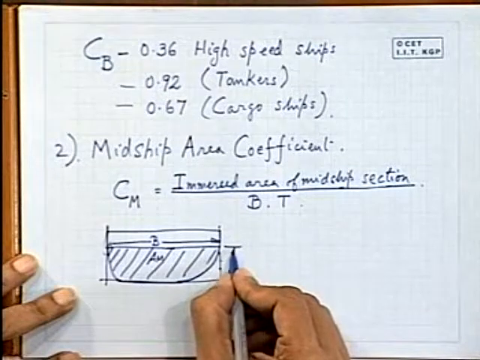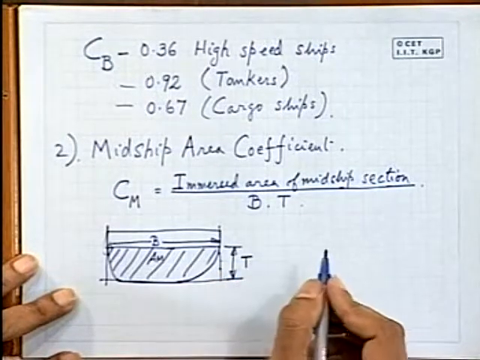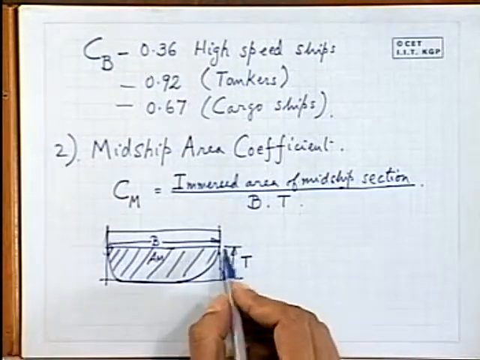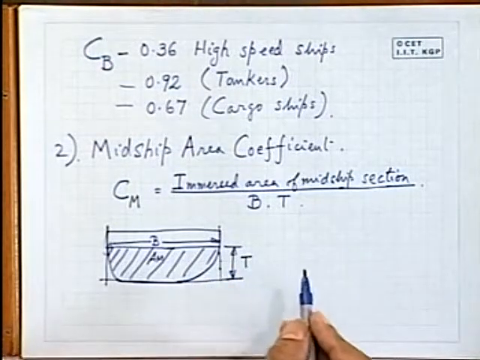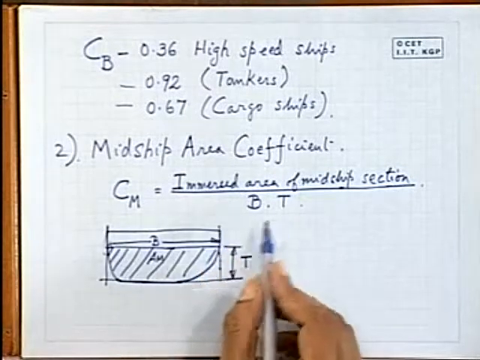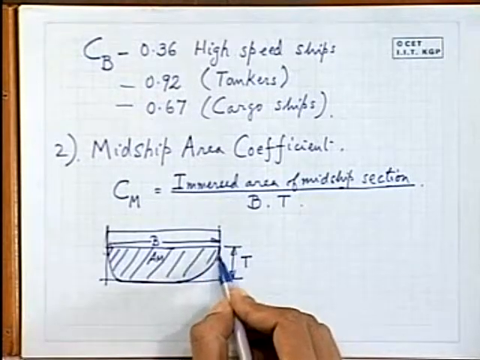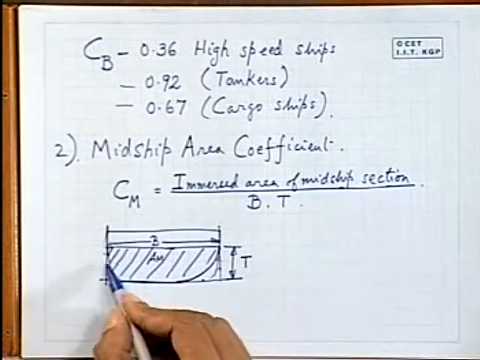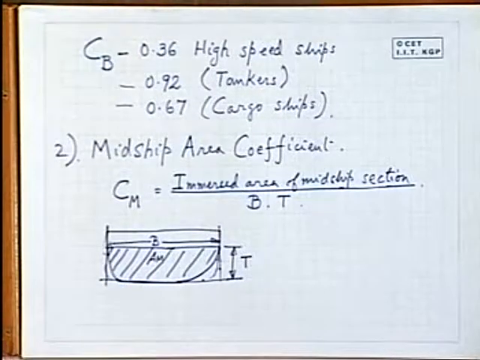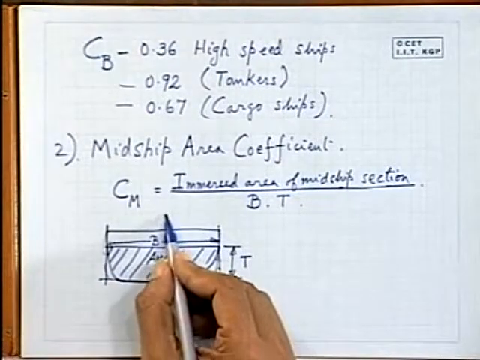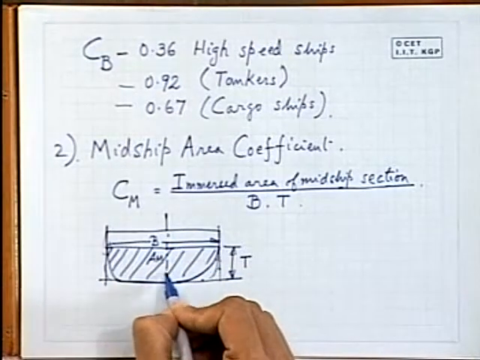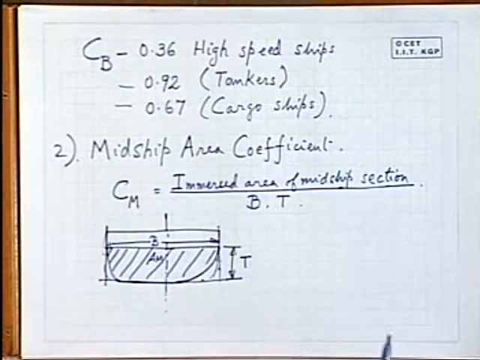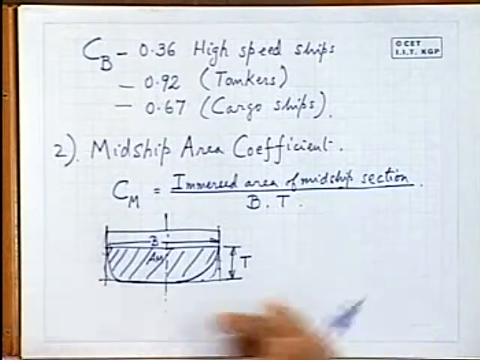So this midship area shows the fullness of the form. If you have a higher immersed area, then it will take the shape like this. Now for high speed ships, you will find that the midship area is not very high, but bulk carriers, tankers etc. will have a high midship area coefficient.